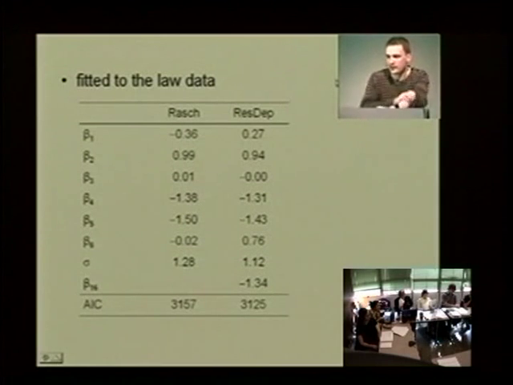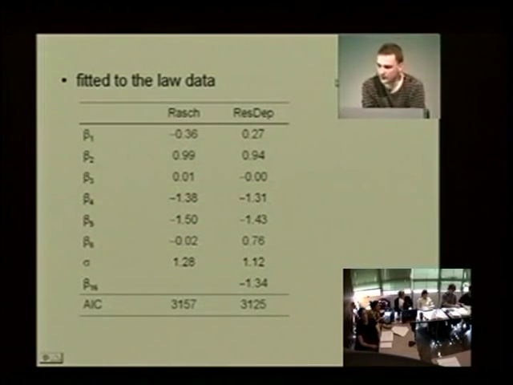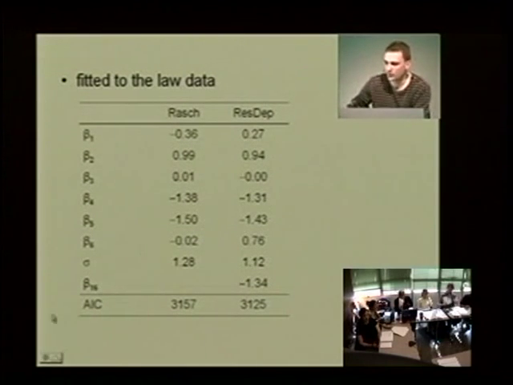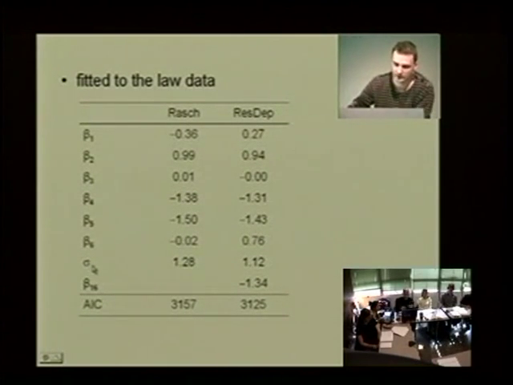As a kind of exercise with respect to the law data, I fitted, so the law data had 6 items, so there is beta 1 up to beta 6. There is one sigma that corresponds to the variability or the standard deviation of the latent trait distribution.